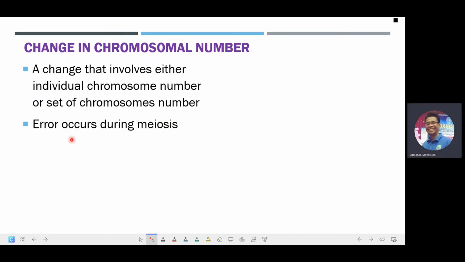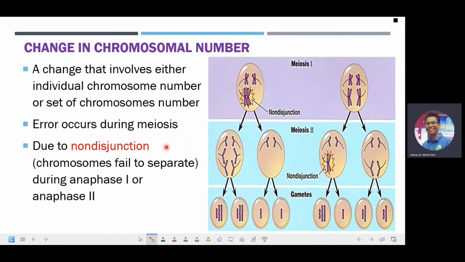This is due to some errors that might occur during meiosis, and the main factor is a phenomenon called Nondisjunction. We should know that during meiosis, homologous chromosomes should separate and move to opposite poles, like this.